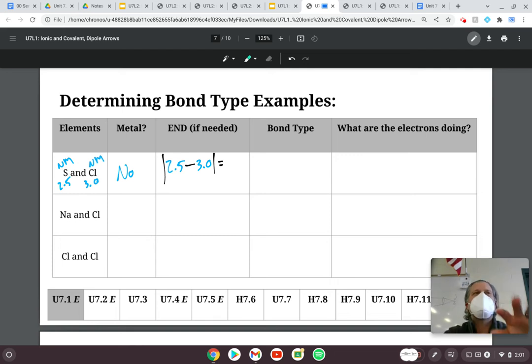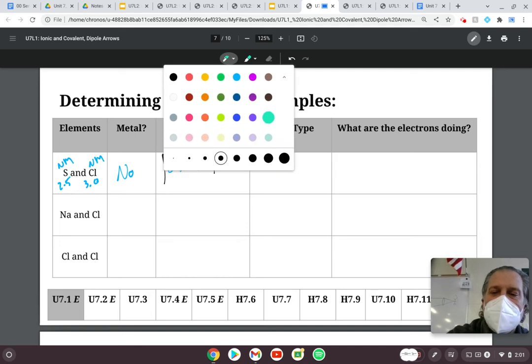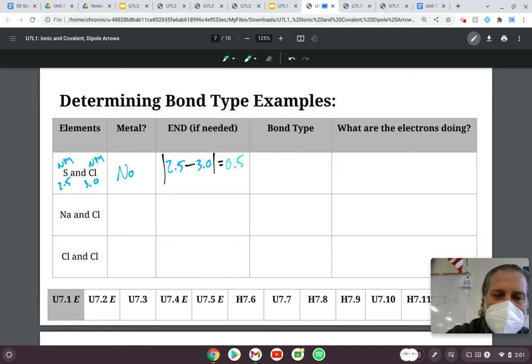That means my answer is not going to be positive or negative. It's just not going to have a sign. That's what the absolute value bars mean. So this tells me my electronegativity difference is 0.5. That means it's going to be a polar covalent bond.